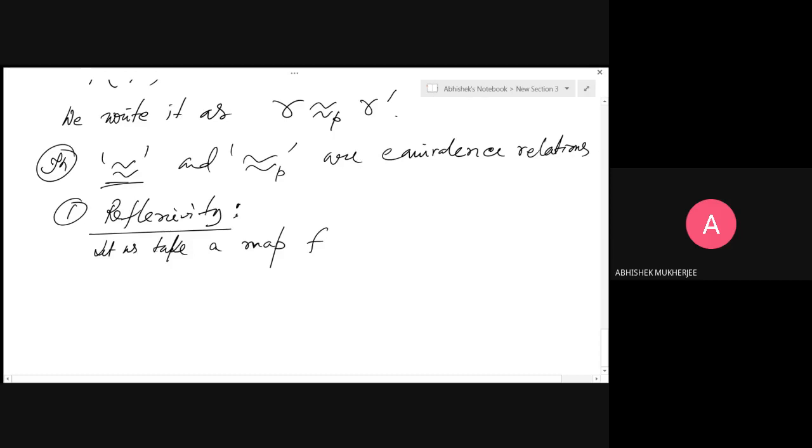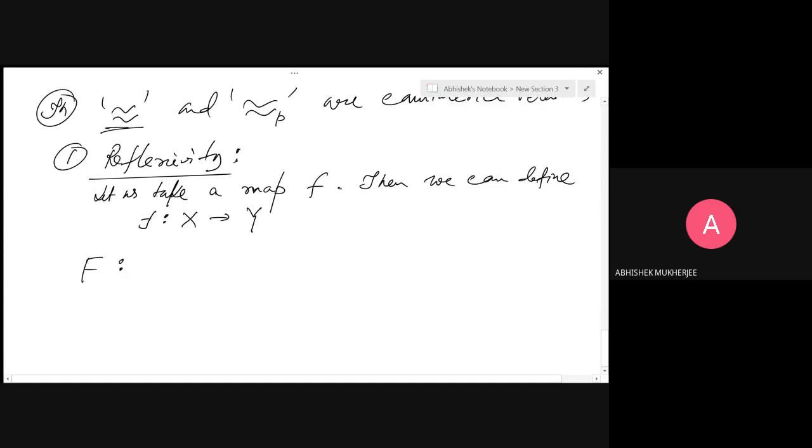Okay. So suppose this is a map f from X to Y. Then you can define a map capital F from X × [0,1] to Y by the rule F(x,t) equals f(x). That is, at each time t, the function is f.